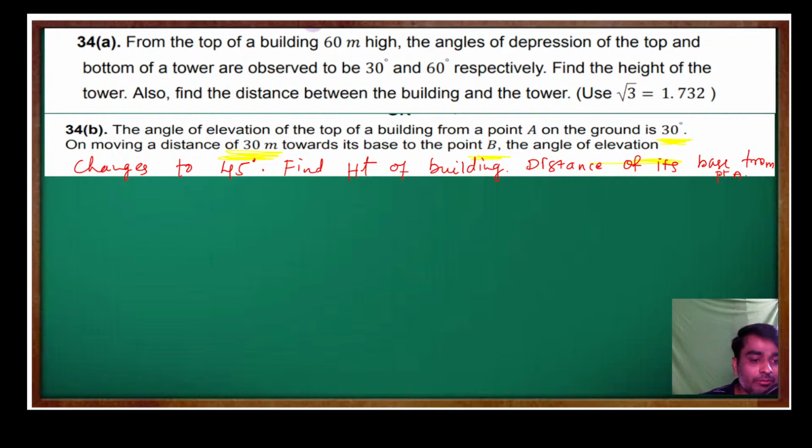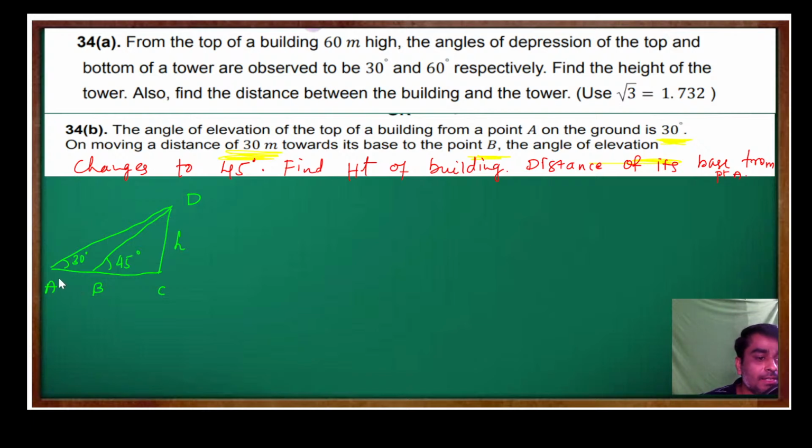First let's draw the figure quickly. So this time we have elevation goes up like this. This is 30 and it changes to 45 later. This point A, point B, and here we have point C. This is point D. This is our height which we need to calculate.